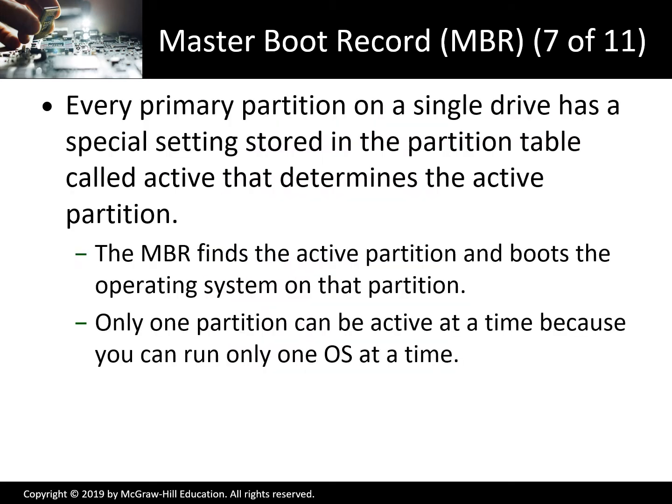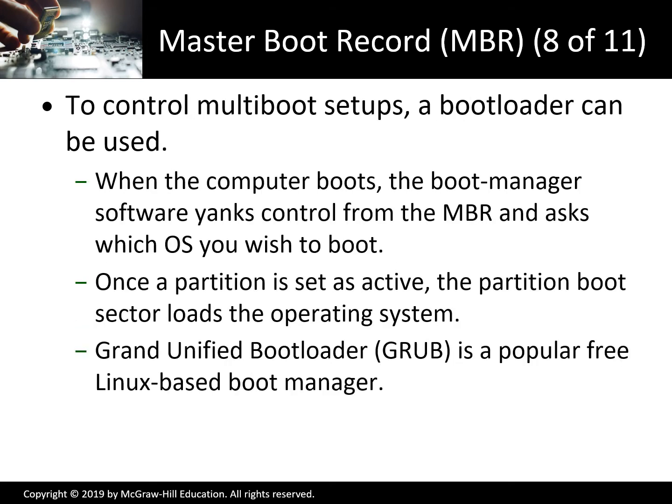Now, even primary partitions on a single drive have a special setting stored in the partition table called active that determines the active partition. If you have more than one operating system installed on your computer, it will only let you have one active at a time. Usually it will ask you while you're booting which one you want to boot to.